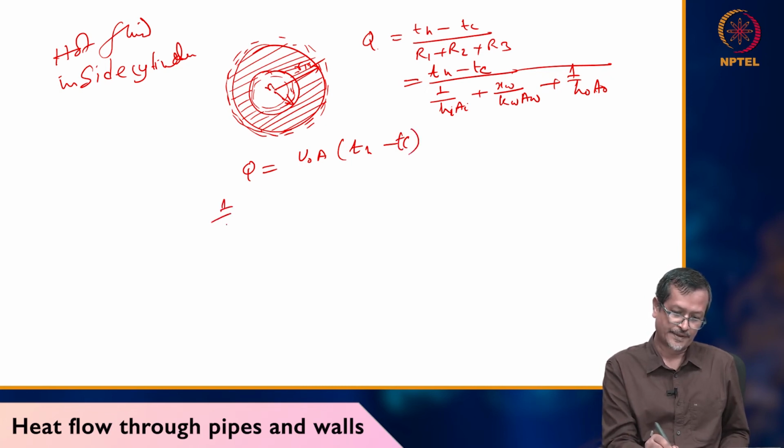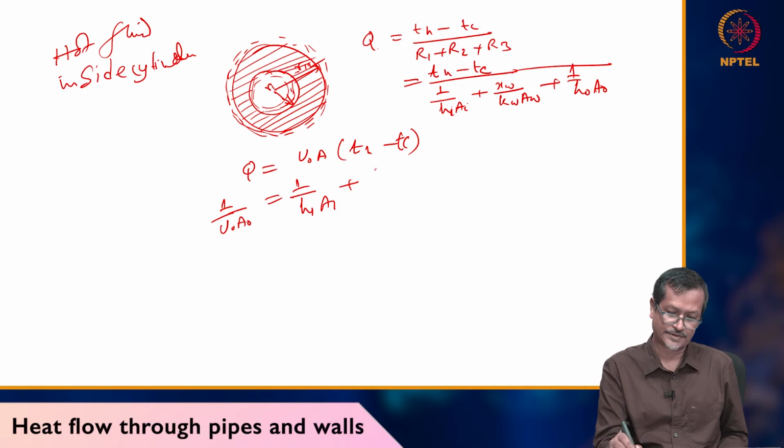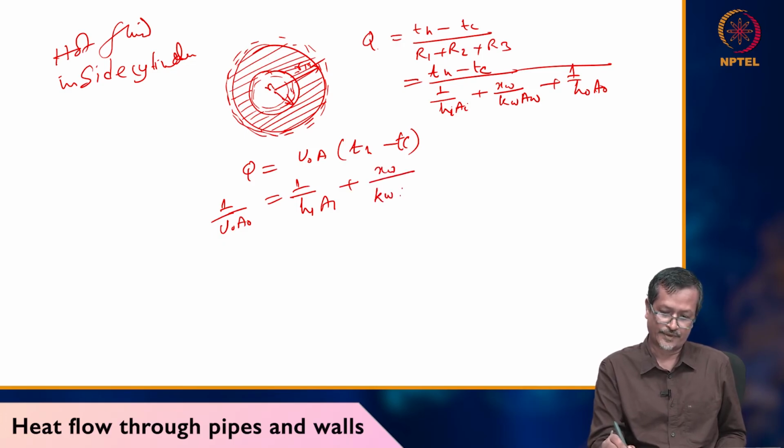So 1 by UOAO equals 1 by HIAI plus XW by KW A1M plus 1 by HOAO.